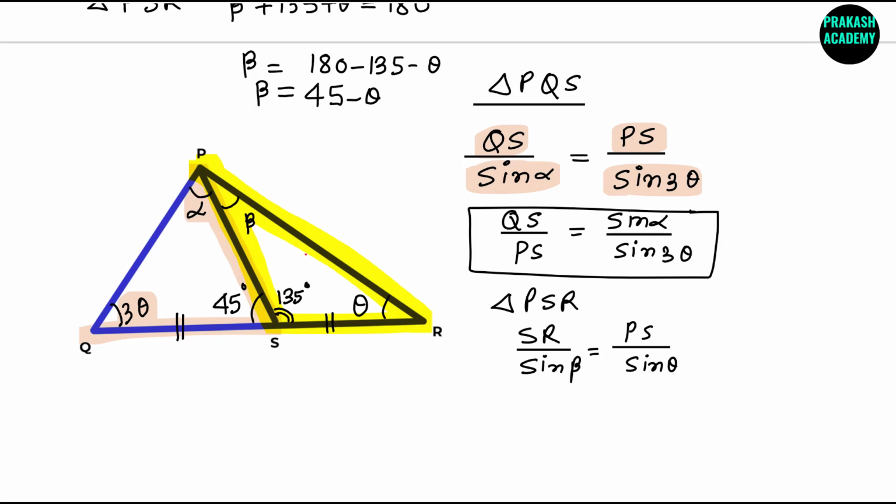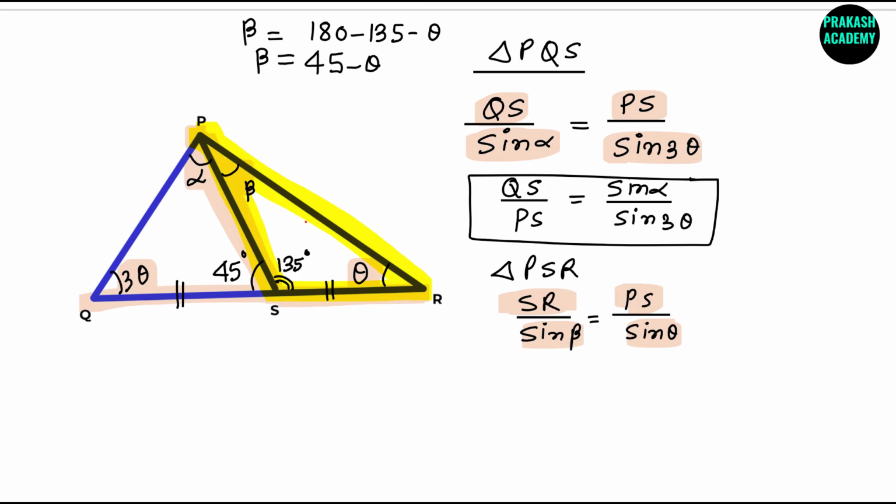That is SR, that is this length, and the opposite angle is beta, that's why we have SR by sine beta, and this is PS, and the opposite angle we have is theta, so PS by sine theta. So from here I can also write SR by PS is equal to sine beta divided by sine theta.